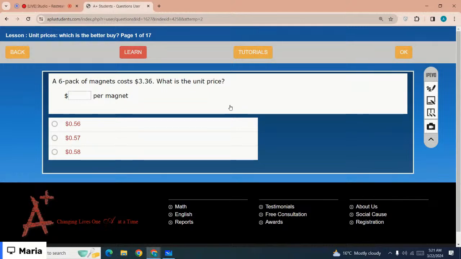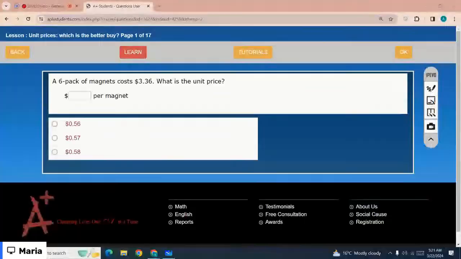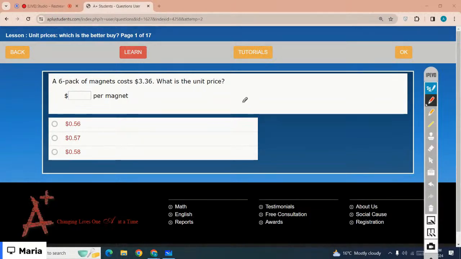What is the unit price? So which is the correct option? The 3.36 is the cost of six packs, right? So you have to divide 3.36 by 6 and you will get the price of one item. The correct option is 0.56. That means the price of one pack of magnets is 0.56. Right? The correct option is 0.56.